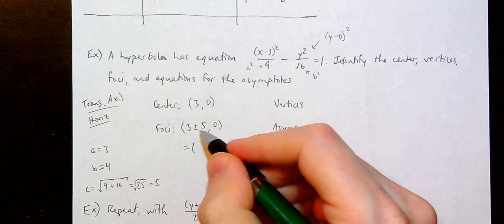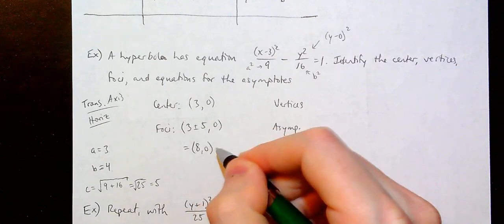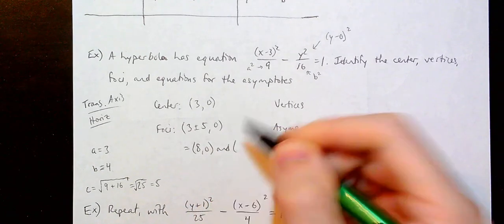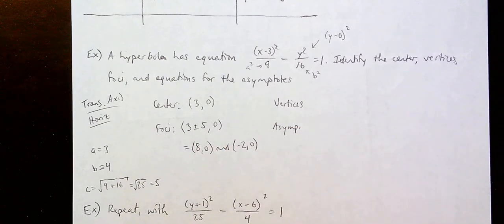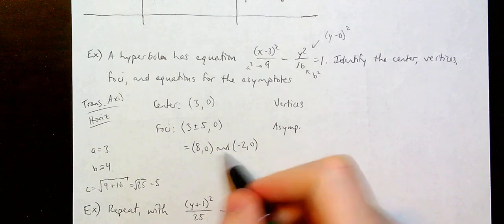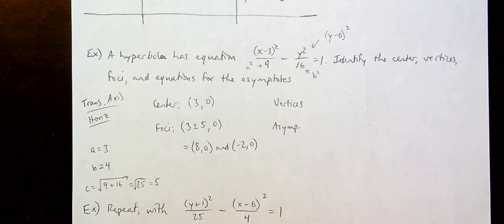So if I do 3 plus 5, that gets me 8. And if I do 3 minus 5, that gets me negative 2. So these are my foci: 8 comma 0 and negative 2 comma 0.